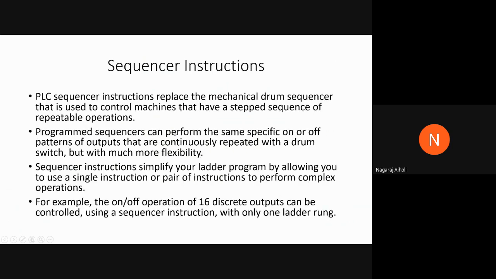Next we'll see what are called the sequencer instructions. PLC sequencer instructions replace the mechanical drum sequencer instructions, and they are more flexible compared to the mechanical drum sequencer instructions. That is the advantage of using PLC sequencer instructions, wherein if we want to control 16 discrete outputs, that can be done using a single sequencer instruction with only one ladder rung.